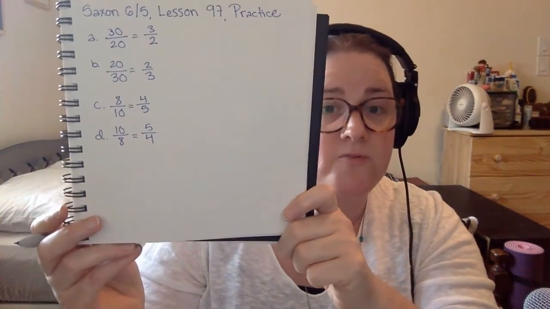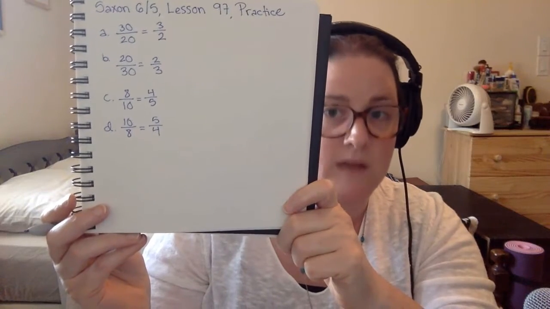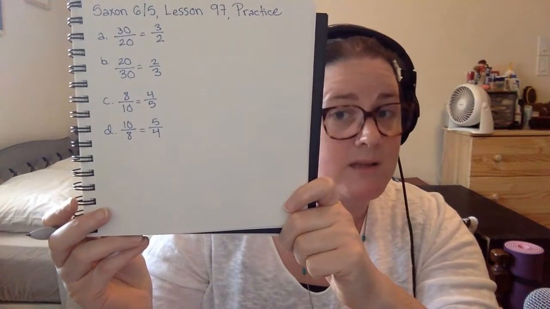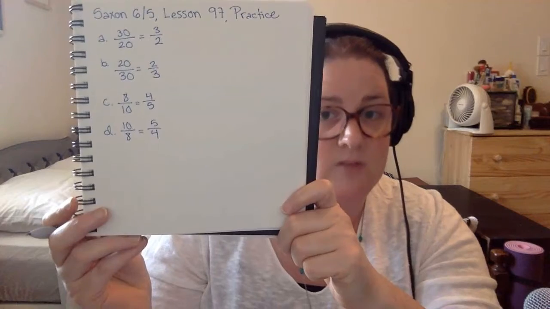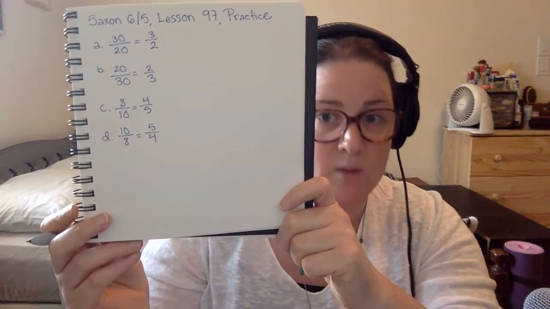I'm going to reduce this because I can, but I am not going to simplify. My ratio reduces to 5 to 4. I am going to leave this as 5 to 4. I am not going to simplify this into a mixed number with a proper fraction. I just don't do that for ratios.